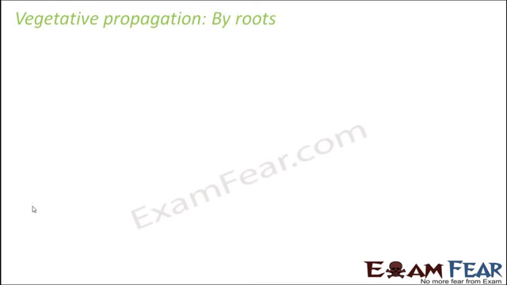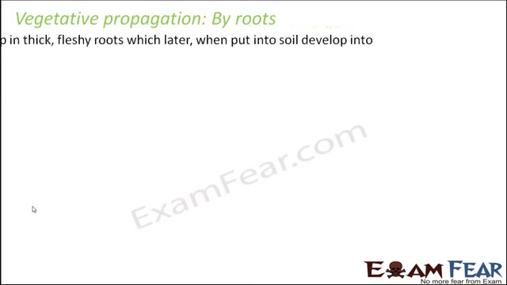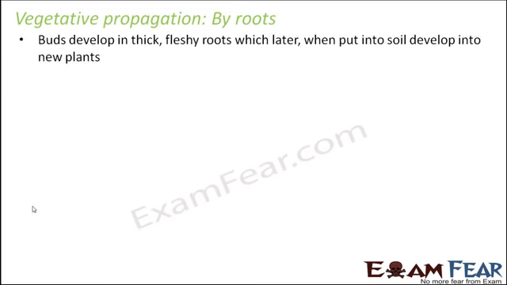So let us start with the natural vegetative propagation by roots. First let us understand how roots help in vegetative propagation of plants. Now, buds develop in thick fleshy roots which later, when put into soil, develop into new plants.